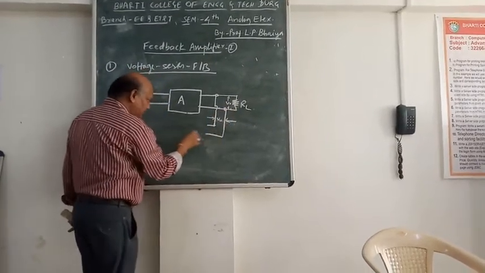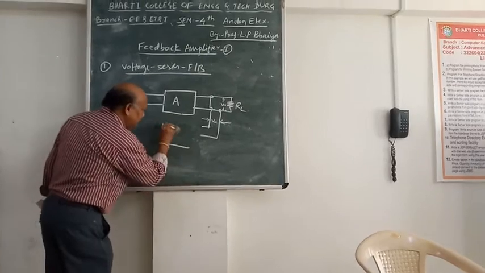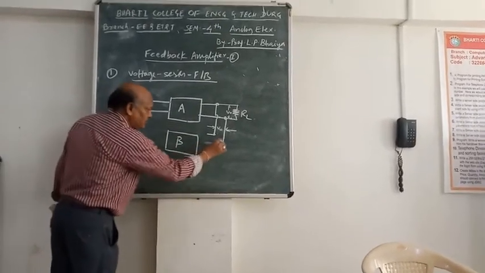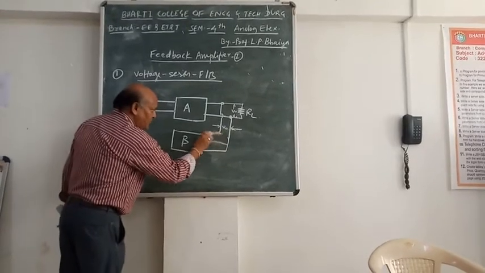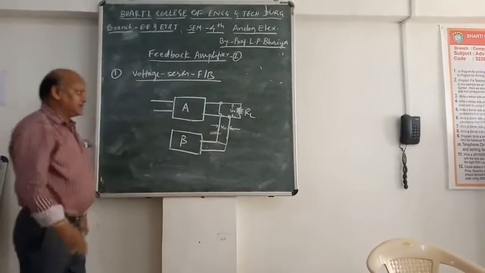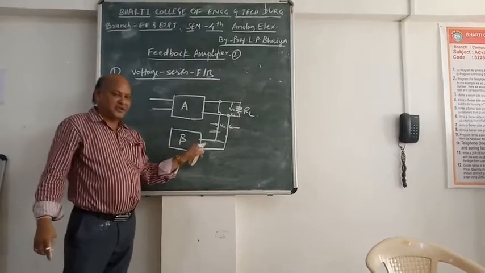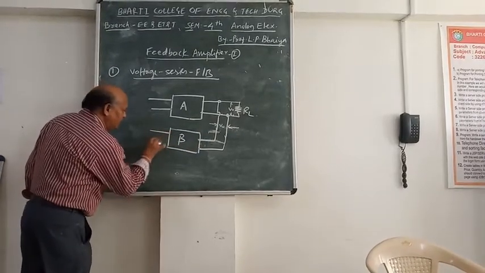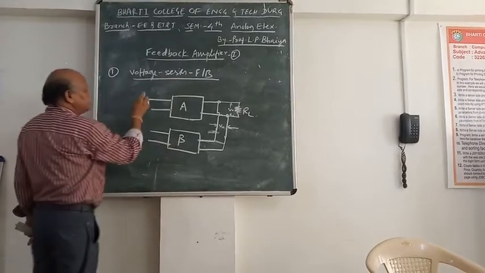The same V0 is going here, and I will use the feedback circuit having a feedback factor beta, and the output voltage is applied to the feedback circuit. This is called voltage sampling. Now at the input side, you have to make the series connection.